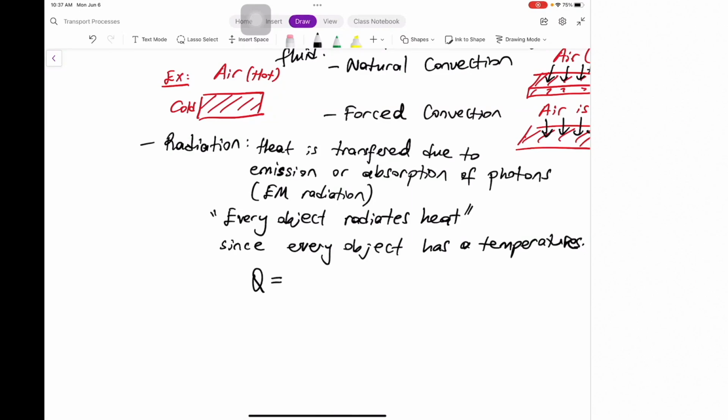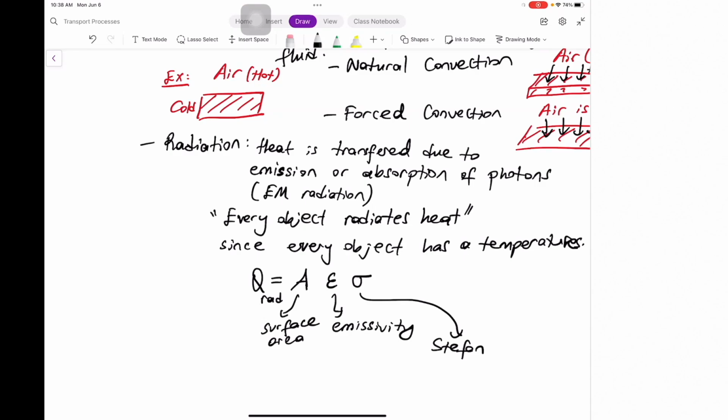The heat transfer rate, or the radiation rate, is called Q-rad, and it is equal to the surface area of the object times epsilon, some constant which is called emissivity, times sigma, which is the Stefan-Boltzmann constant, and times T to the power 4, the temperature of the object or the temperature of the surface.